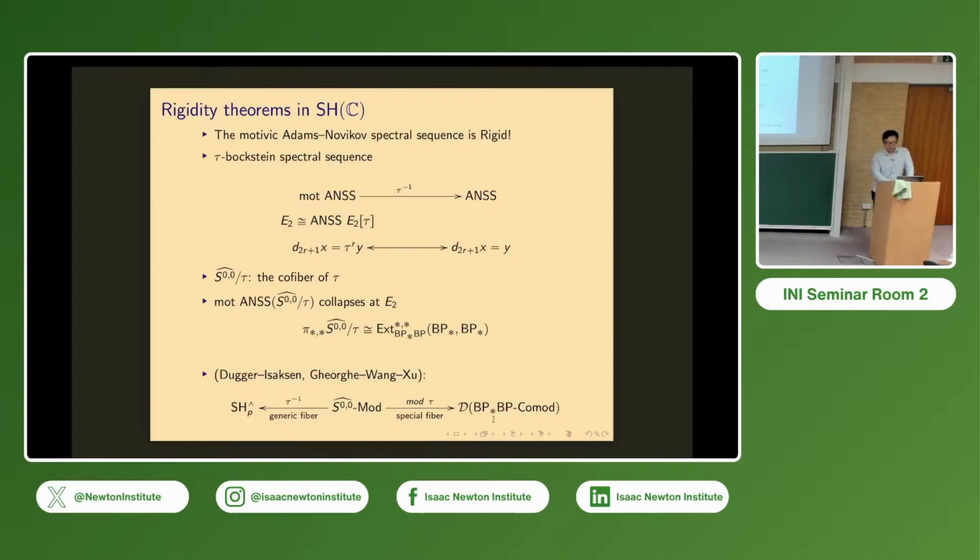And similarly, modding out by tau on the right-hand side, that's isomorphic to something called the algebraic Novikov spectral sequence converging to this Ext group, which is completely algebraic. You can even make a computer program. So indeed, Bruner actually has a computer program to compute this effectively in a large range, like over 100 stems.